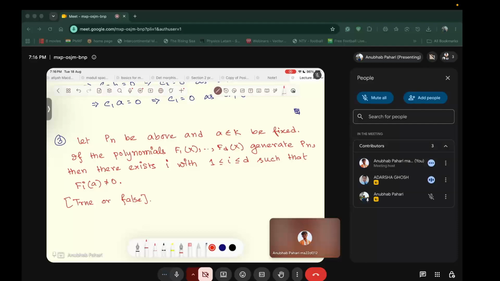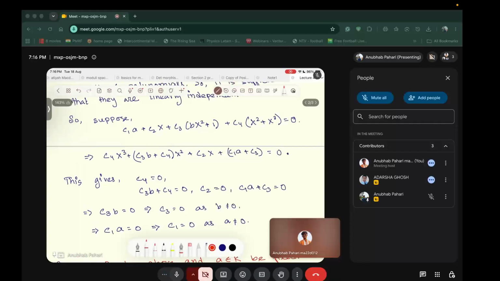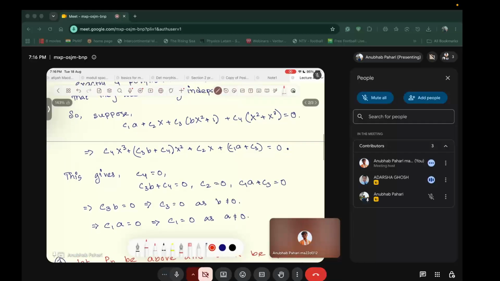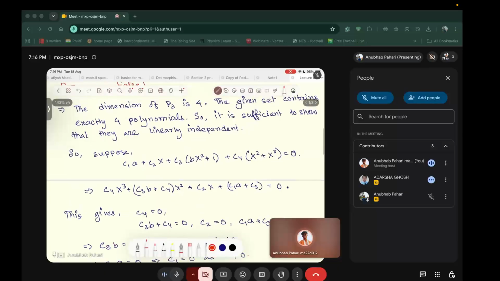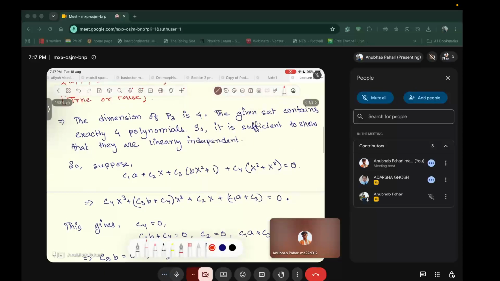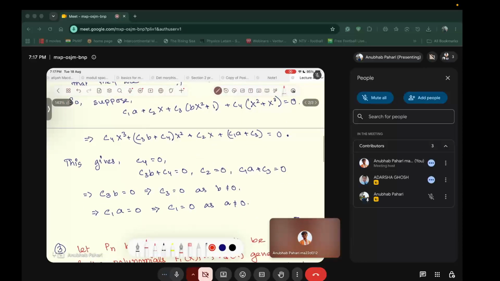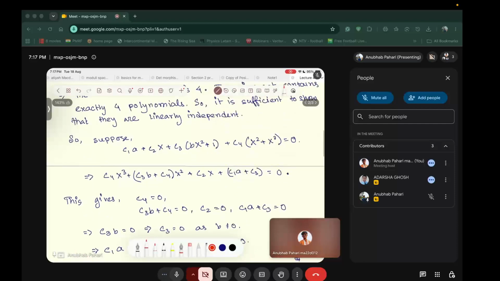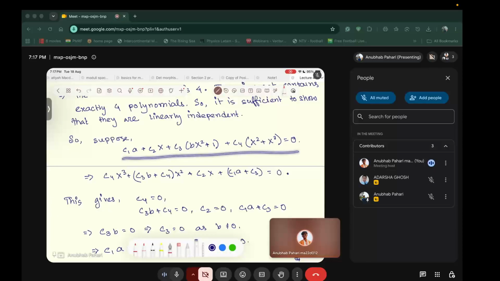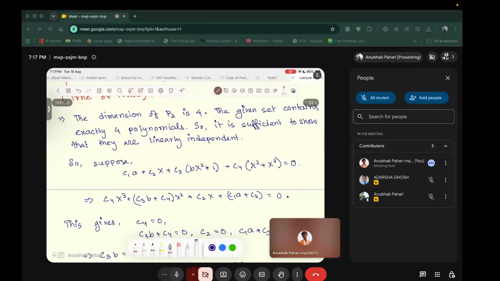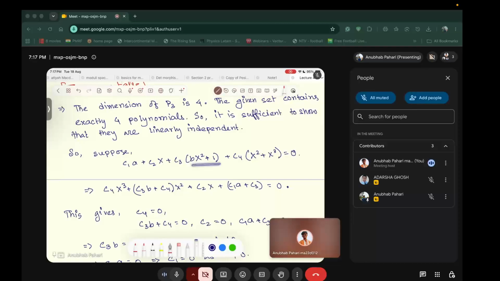Sir, in the last question, can you explain the last part? Until that last implies sign, I understood, sir. Like a not equals 0, you understood? Yes. Okay, so what we have shown is that if this equation is 0, then all C1, C2, C3 and C4 are 0. Therefore a, x, bx square plus 1 and x square plus x cube are linearly independent, right?